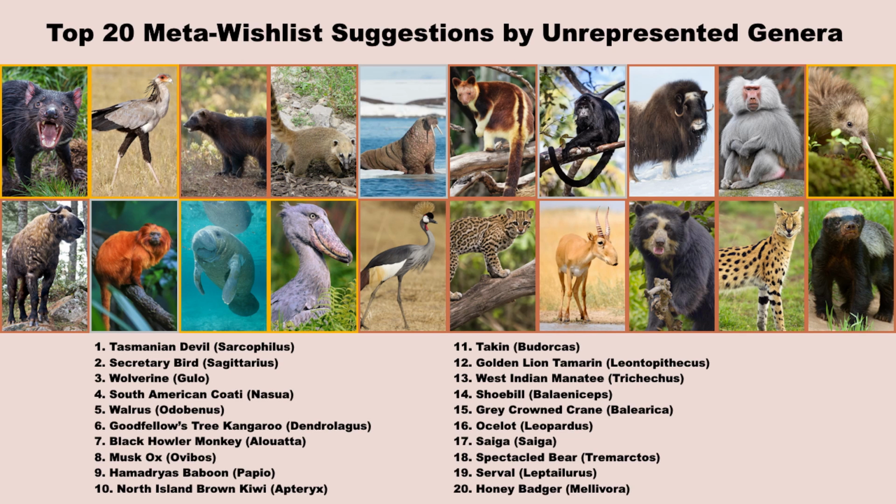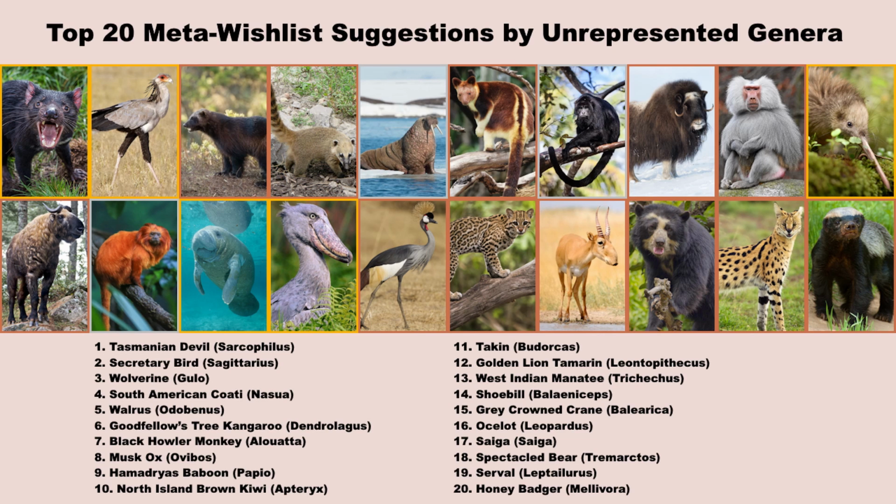So to have another one is still not ideal for me, but we'll take it. A lot of people want it, that's why it's in the top 20. We've got the saiga next. Definitely a cool, funky looking animal, so I'd be happy with that for some Asian representation for hoofstock.